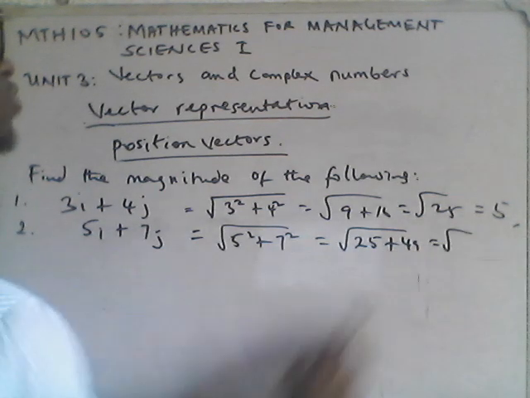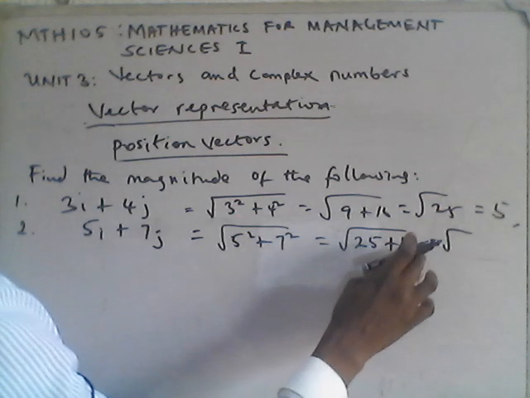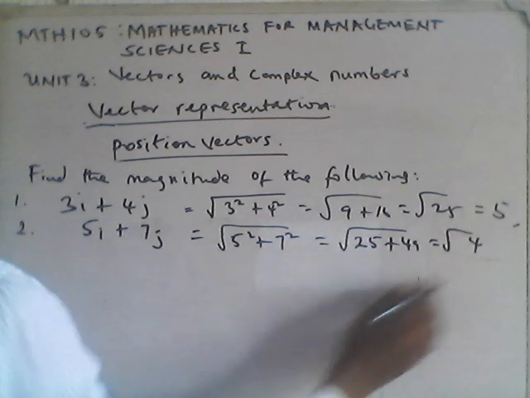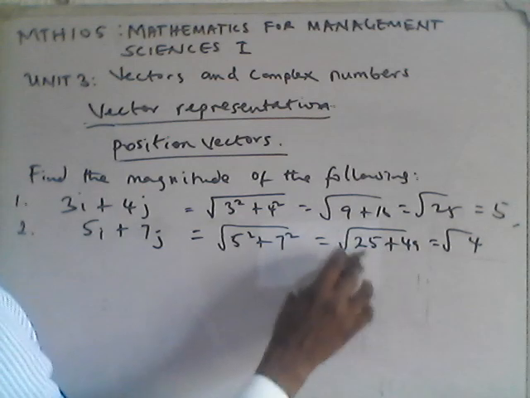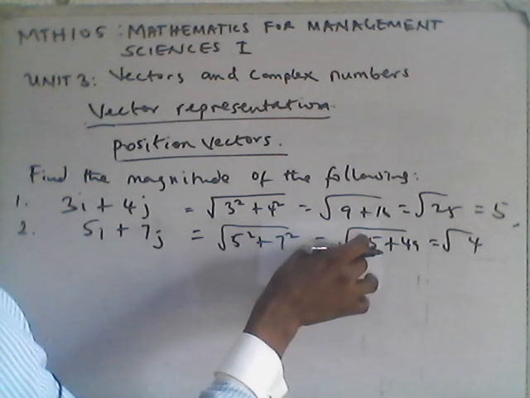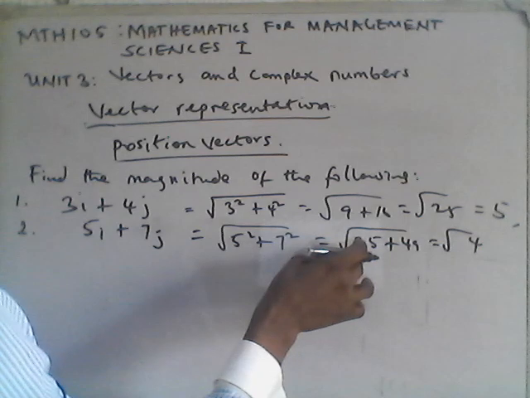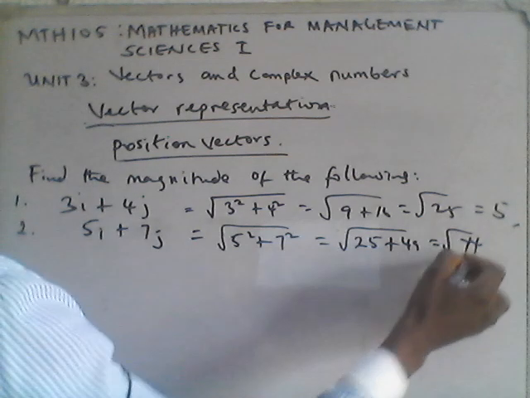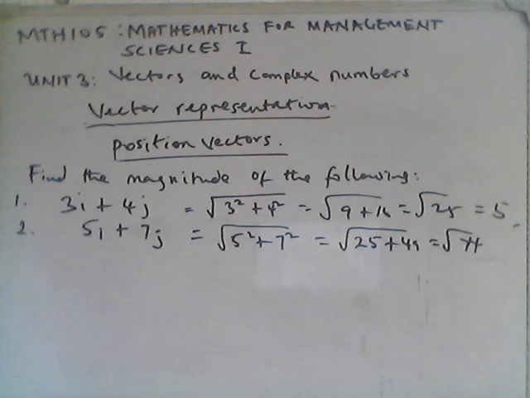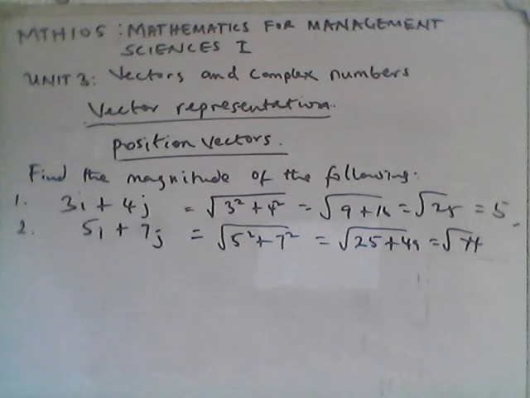So if I add the two of them, it is 74. Okay, so if you find the square root of that 74, you get the modulus or the magnitude. You have more examples in your material.